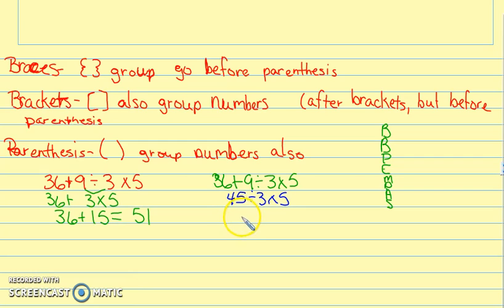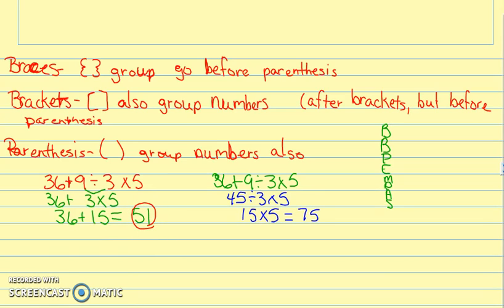Then he did 45 divided by 3, which is equal to 15. And then he did 15 times 5, which is equal to 75. As you can see, completely different answers. That is why it is so important to follow our order of operations.